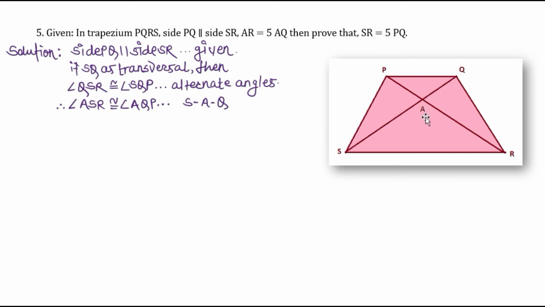Now we have two triangles, triangle ASR and triangle AQP. In this triangle, we already proved that angles are congruent. We can give this equation number one.